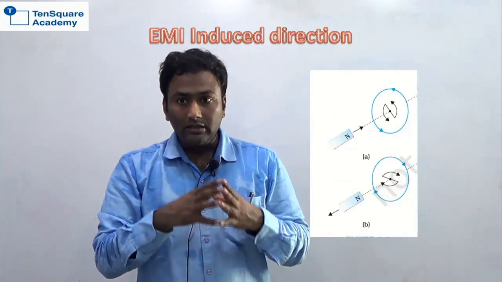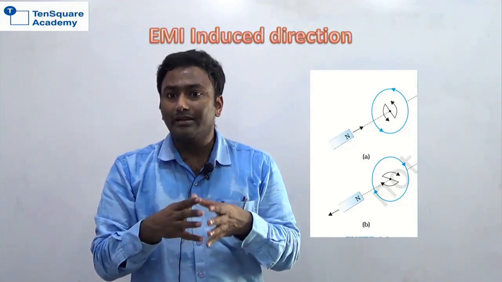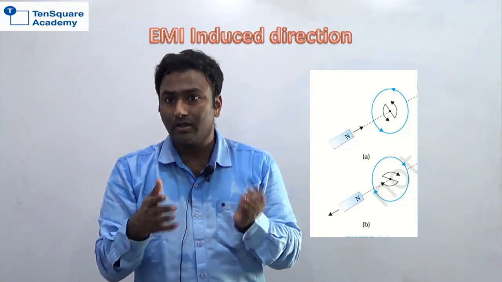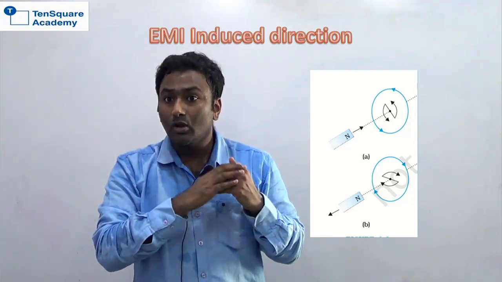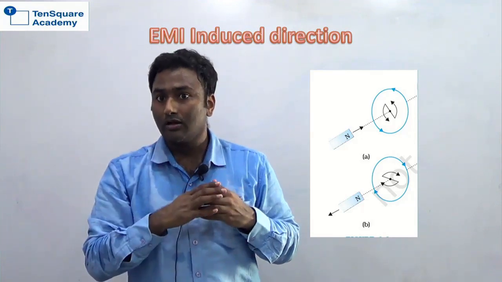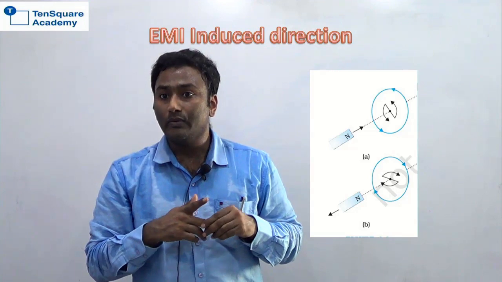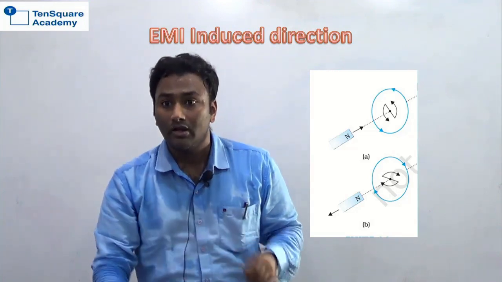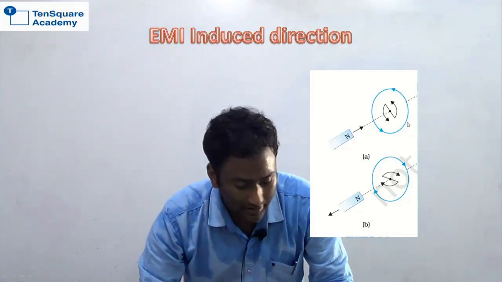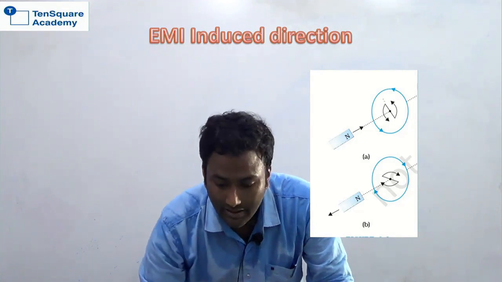Now, this simply gives the direction in which EMI is induced. If we take the north pole close to a current-carrying loop, then current will be induced in the anti-clockwise direction. So, again, this is important. This conveys the direction.